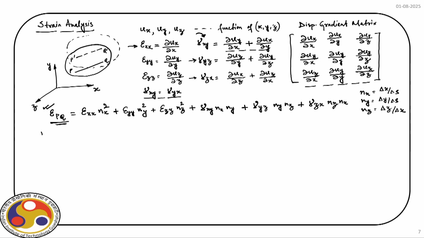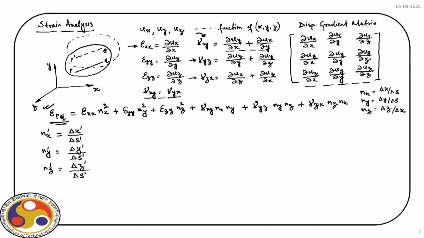So, nx prime, as per definition, is delta x prime by delta s prime. Similarly, ny prime is equal to delta y prime by delta s prime, and nz prime is equal to delta z prime divided by delta s prime.